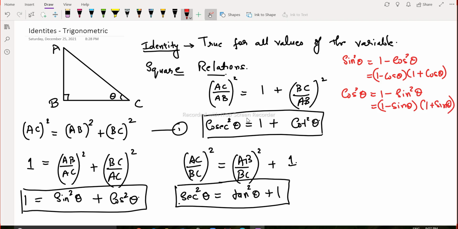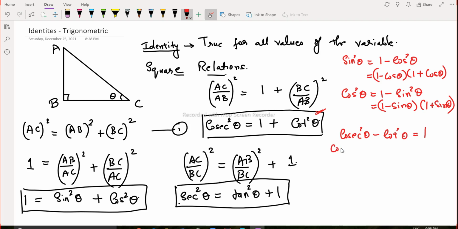Then you can use the second identity. You can write this as cosec square minus cot square equal to 1.